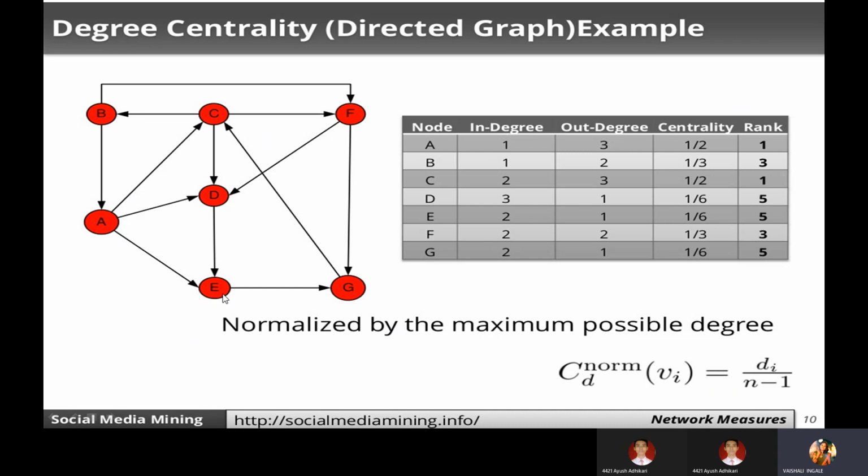So according to that, we have to find out the in degree and the out degree of a particular node.